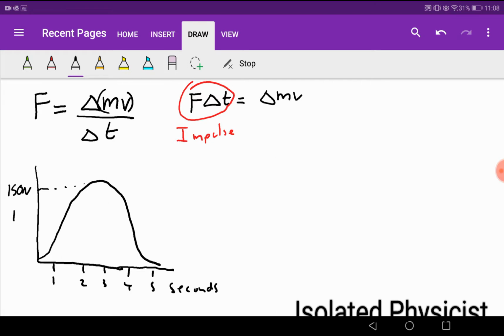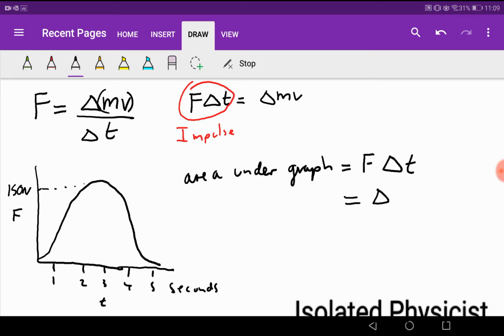This is the force-time axis. Then the area under this graph would be equal to F delta t, which is equal to the change in momentum.